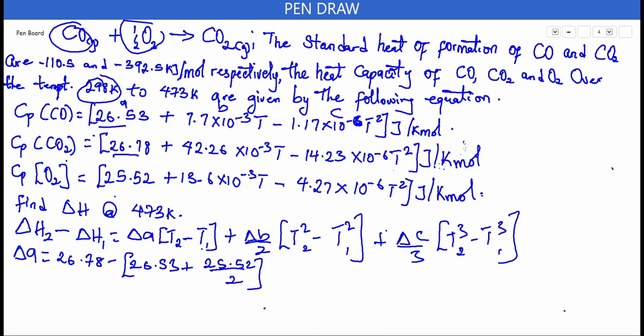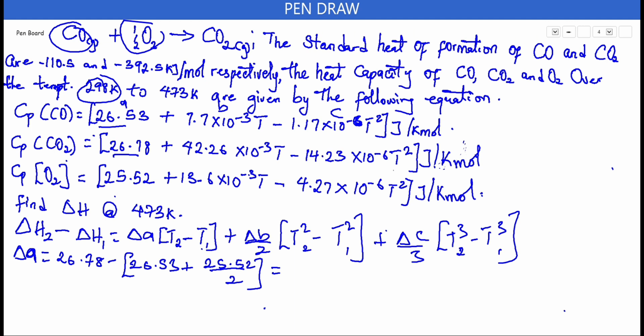So at the end of the day, our change in A will be equal to, let's tap our calculator to see what we are going to get as our final answer: 26.78 minus the addition of 26.53 plus 25.52 divided by 2.